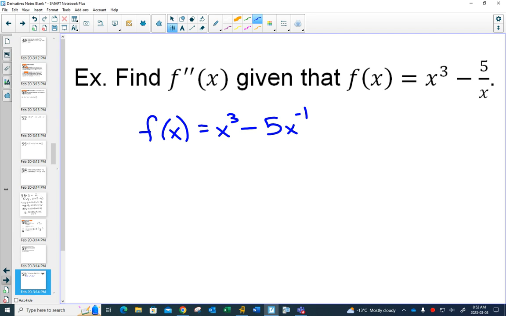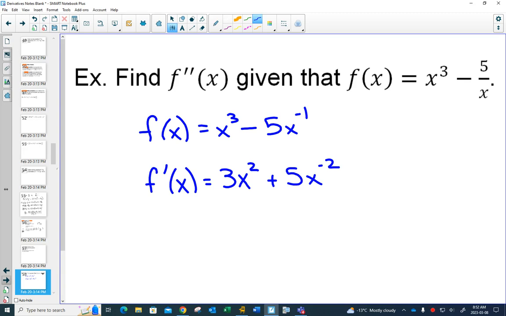The first derivative then is nice. The 3 comes out in front, subtract 1 from the exponent. The negative 1 comes out in front, subtract 1 from the exponent. And this is nice, because now it's still in a good form to do the derivative again.